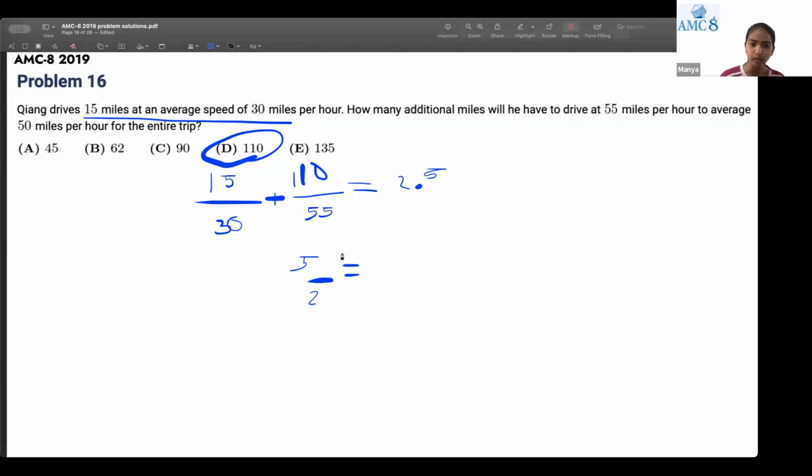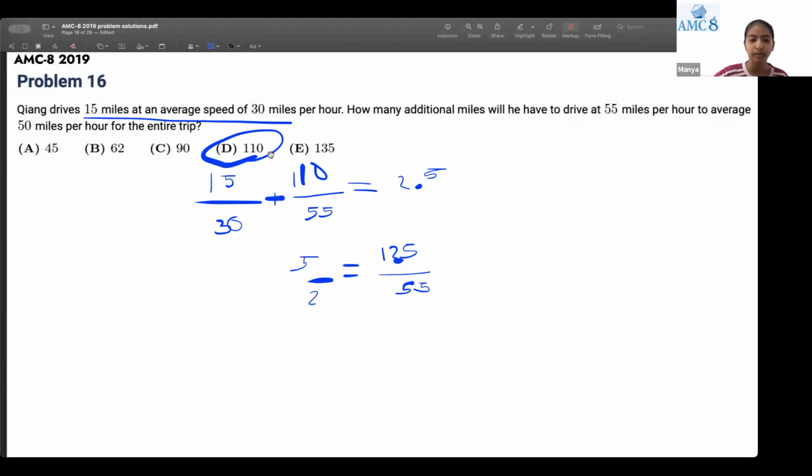Well, what's 15 plus 110? 15 plus 110 is equal to 125 over 55. And this will make sense. So 125 over 55. And that also proves why D is our answer choice.